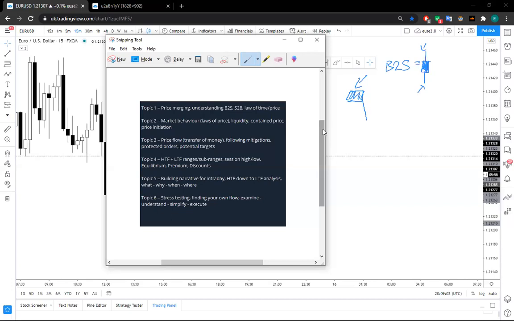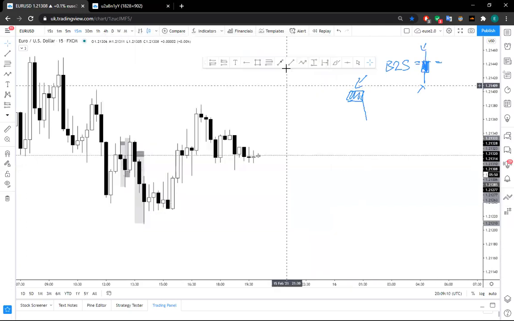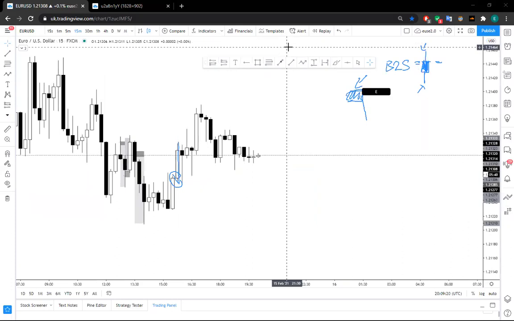With that, you have your 2 wicks again, like this too, your sell to buy. That's your buy to sell, and then they come up here to protect it. For this example, this is your first area that they want to protect.